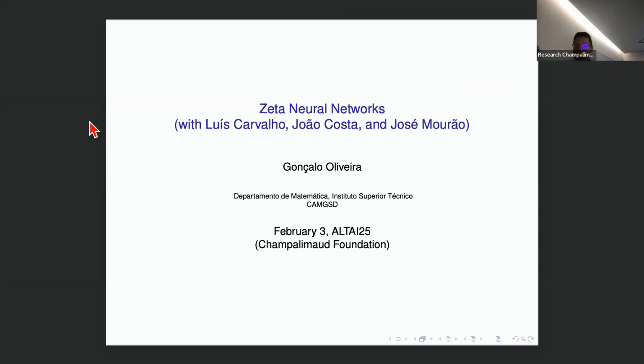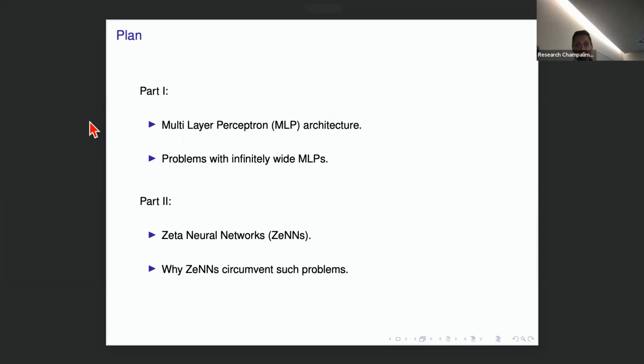And so my talk will be divided into two parts. In the first part, I know that all of you know about multi-layer perceptrons, but I want to recall what they are to give it a spin that will give sense to the second part of the talk.